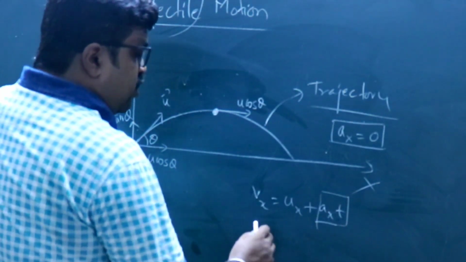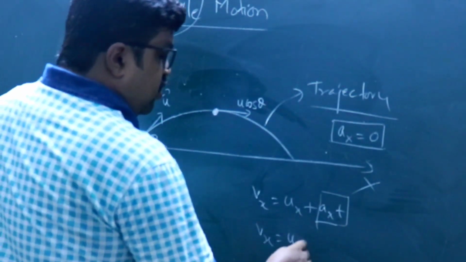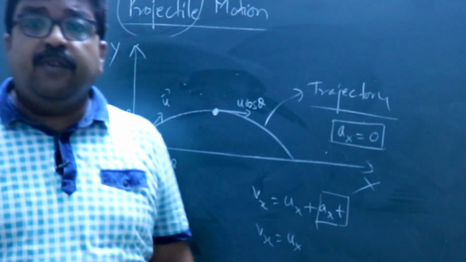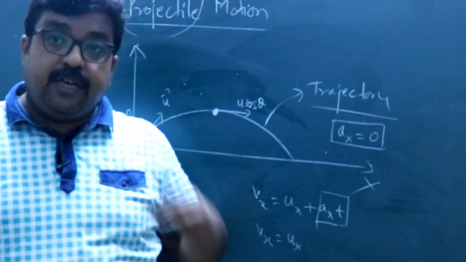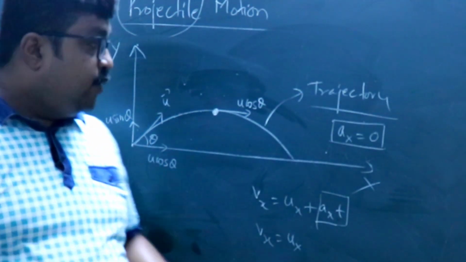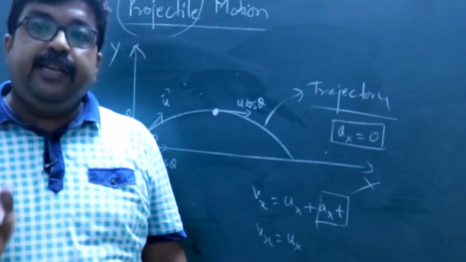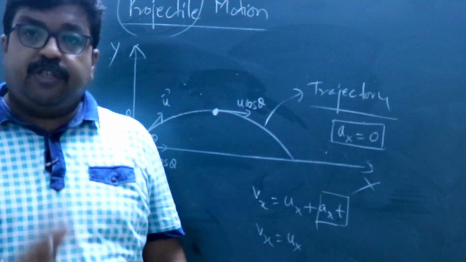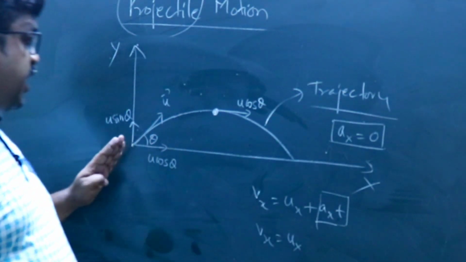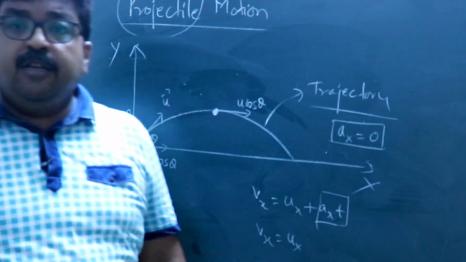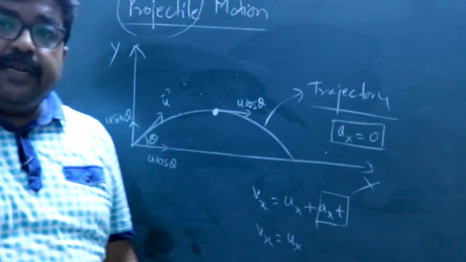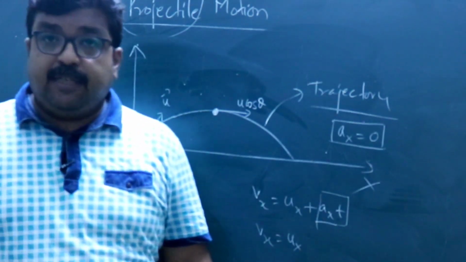Now if this quantity is 0, that means Vx is equal to ux. So x component of velocity will remain constant throughout the trajectory. So if somebody asks you, in case of inclined projection or oblique projection or angular projection, when an object is projected at some angle to the horizontal, in that case, what is the velocity at the highest point?